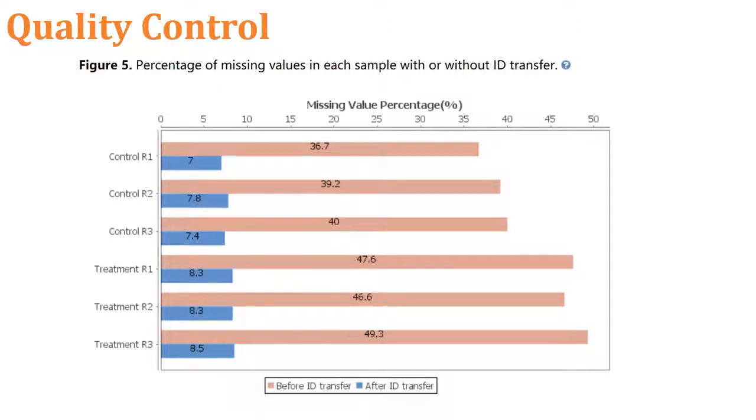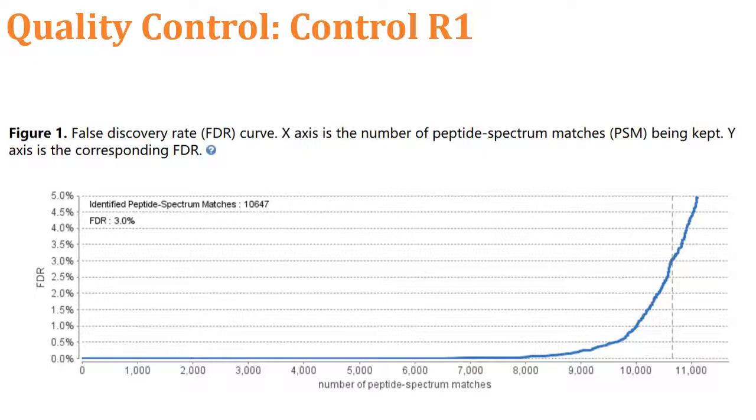For quality control, I selected the data with the least missing value percentage, which is control R1. I opted for the base sample for the heat map, and treatment R2, representative of the treatments. The curve of FDR-PSM rises steeply as it gets closer to the larger x-coordinate, which indicates that there are more highly reliable identification spectrograms.